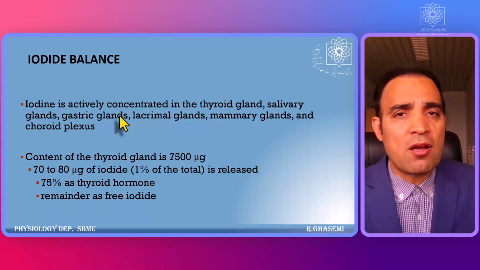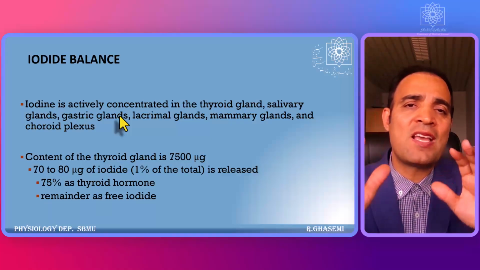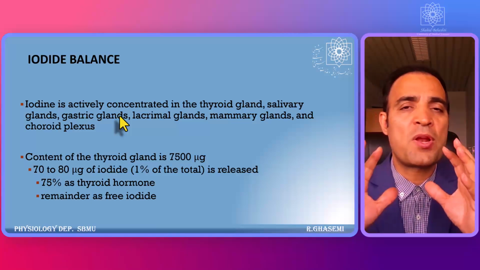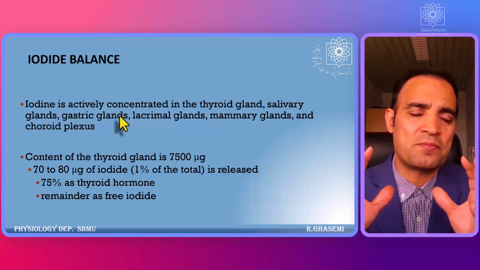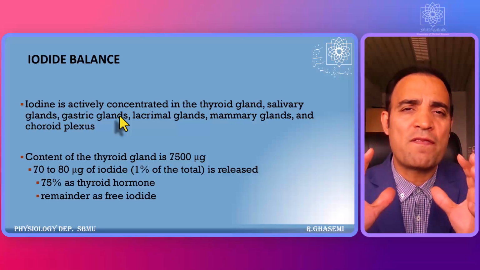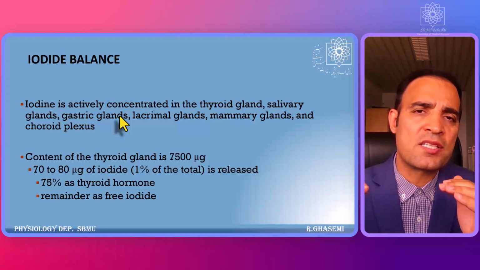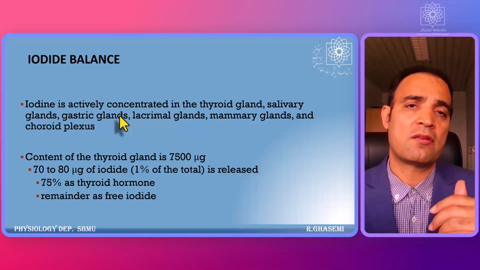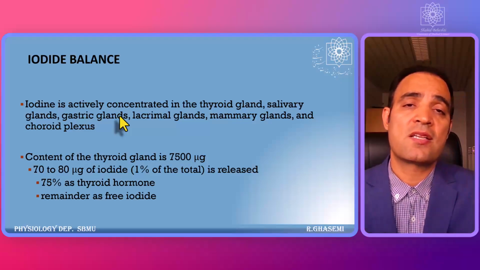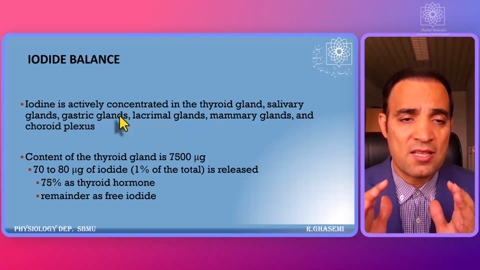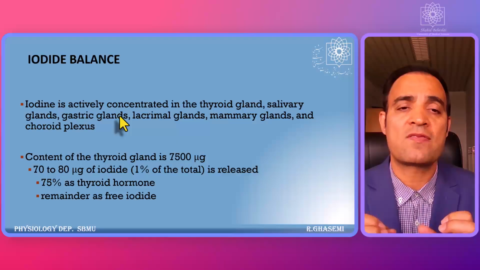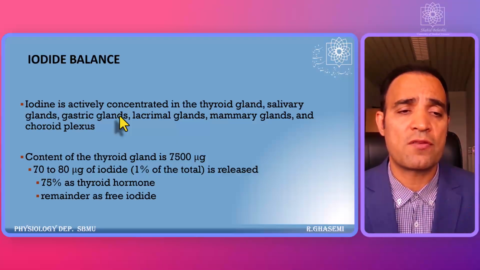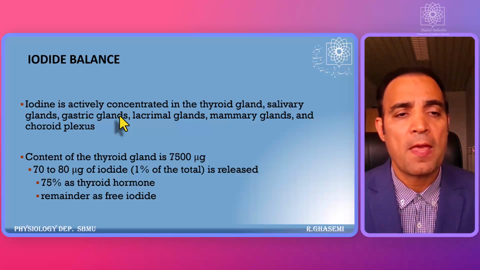When I'm talking about the iodide balance, it means that we have this storage, and this storage plays the role of a buffer: every time the intake is decreasing, this content will help out, and every time the intake is increasing, it is also a buffer state that provides us enough support for the iodide that we need for the production of the thyroid hormones.